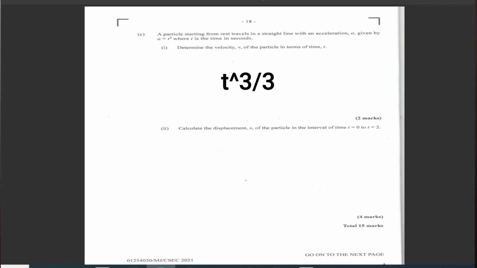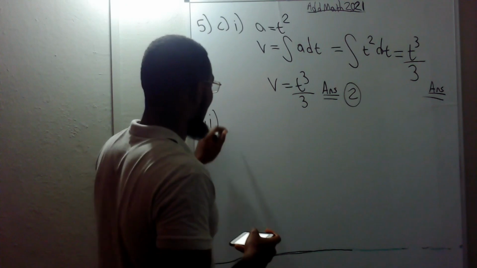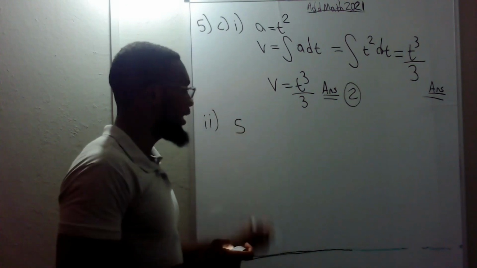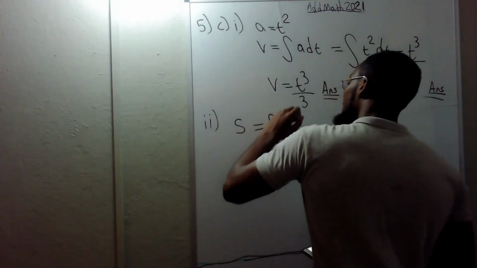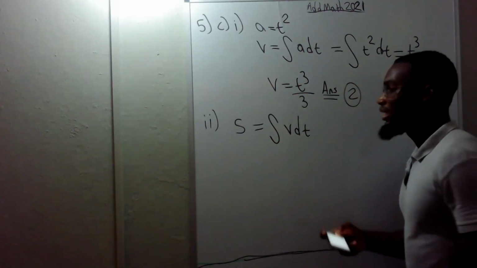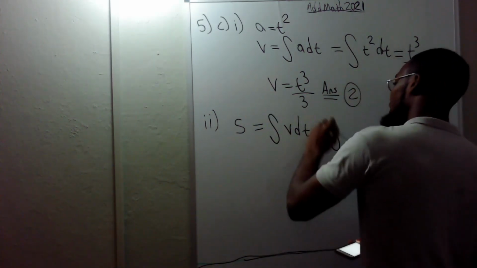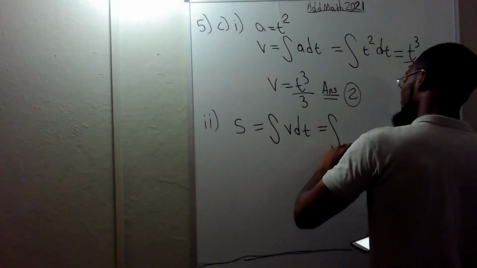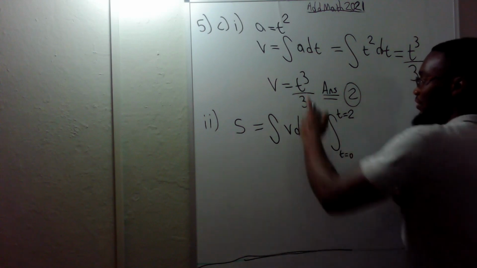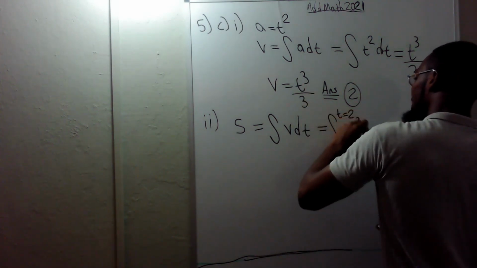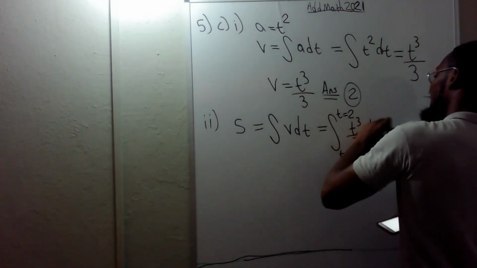So guys, part 2 now, for the displacement we're going to use the letter s. Displacement is the integral of velocity with respect to time. But this time we're integrating from t equals 0 to t equals 2. And we integrate the velocity formula this time, t cubed over 3 dt.